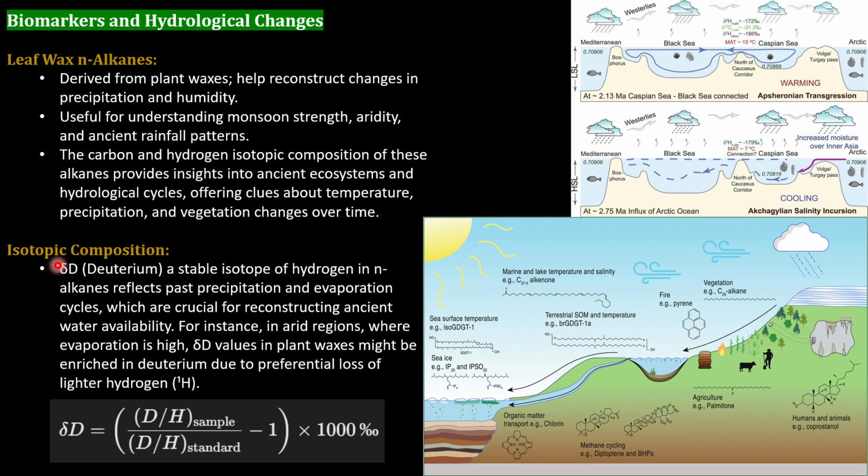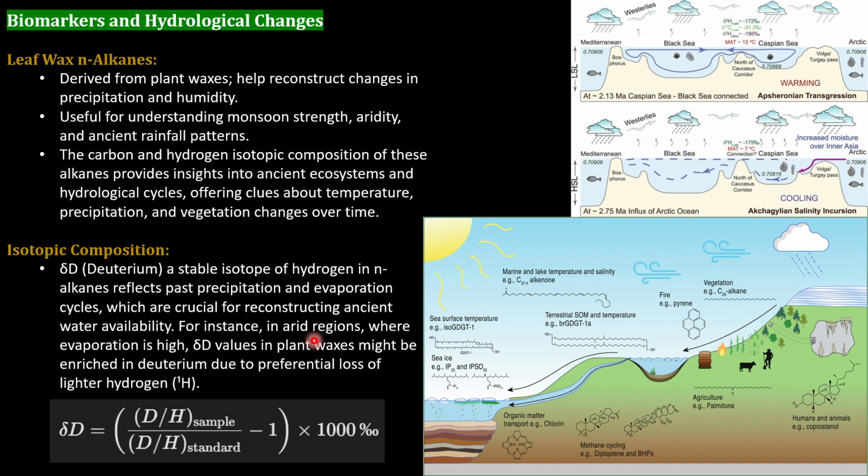For example, for an isotope like deuterium, the hydrogen isotope, if you find a high value of deuterium, it means there was an arid region, because hydrogen-1 is evaporated and hydrogen-2 is left.